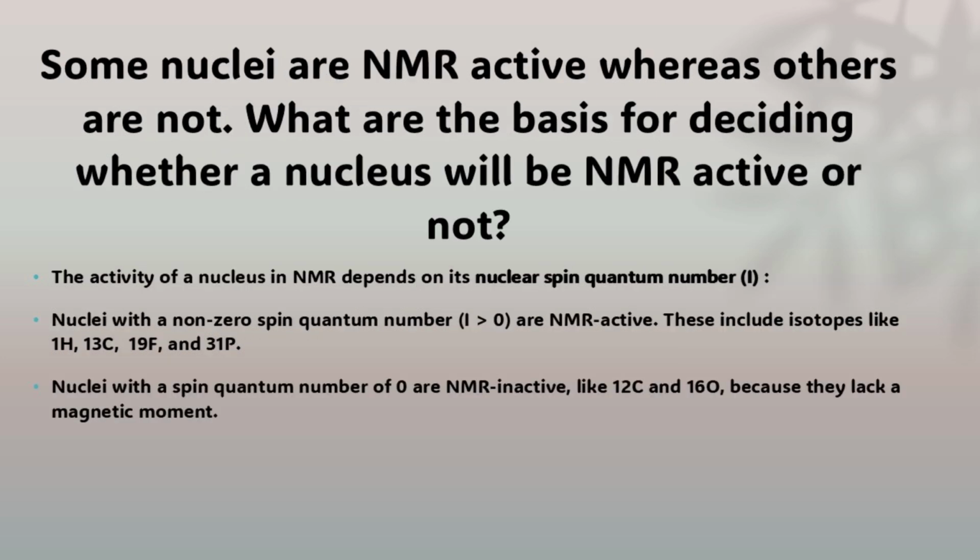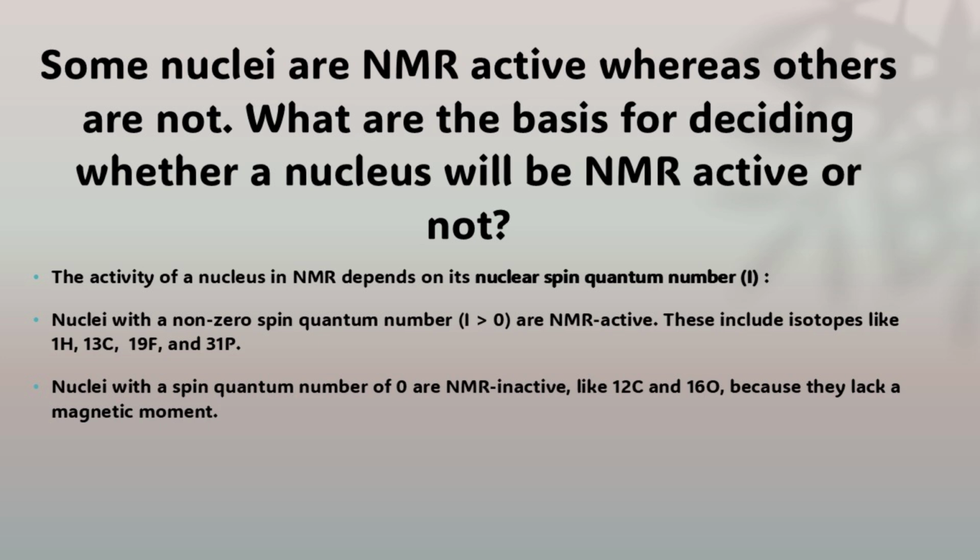The next question is question number 7. Some nuclei are NMR active, whereas others are not. What are the bases for deciding whether a nucleus will be NMR active or not? The answer to this question is, the activity of a nucleus in NMR depends on its nuclear spin quantum number, I. Nuclei with a non-zero spin quantum number, I, greater than 0, are NMR active.